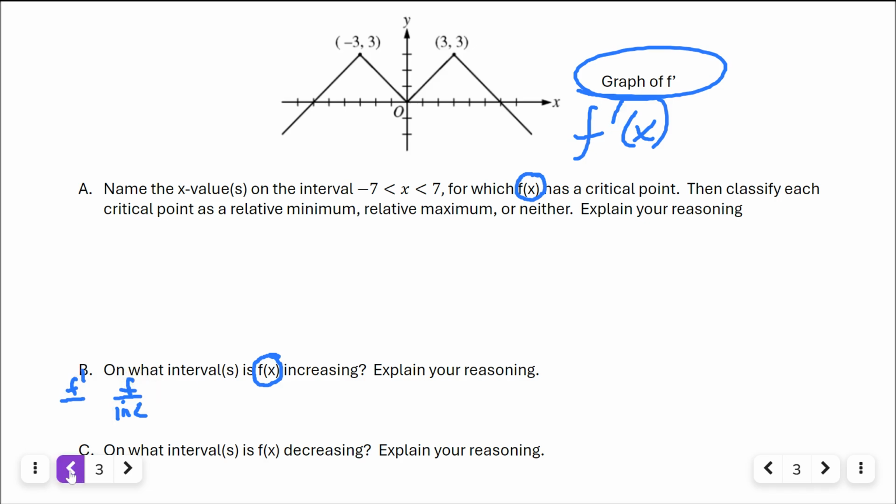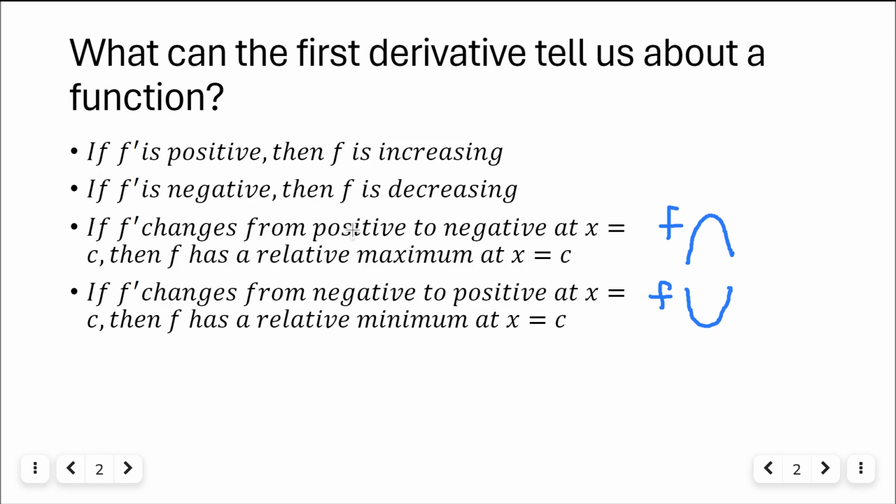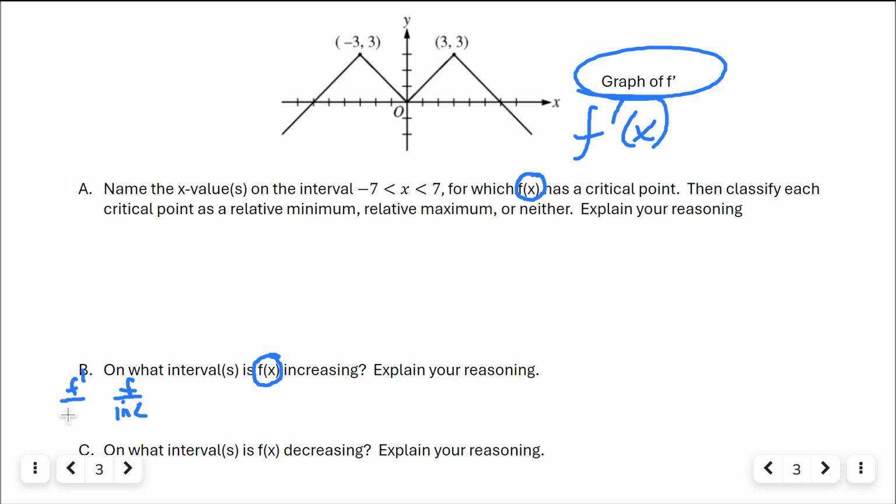Well, if I want f to be increasing, then f prime has to be positive. So the question is, where is this graph of f prime positive? Where is it greater than 0? It's greater than 0 here, all through here, not there, there to there.